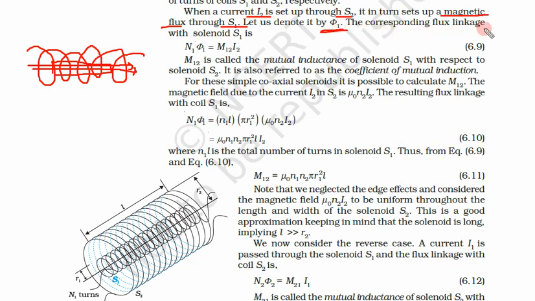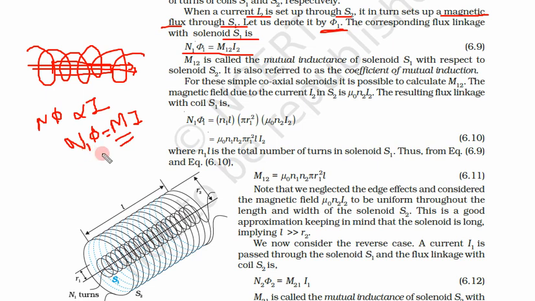Now the corresponding flux linkage with solenoid S1 is N1 phi 1. We have the relation N phi is proportional to I. What we took as the constant there was L, but they have used this constant M instead of L, because here we are talking about mutual inductance.